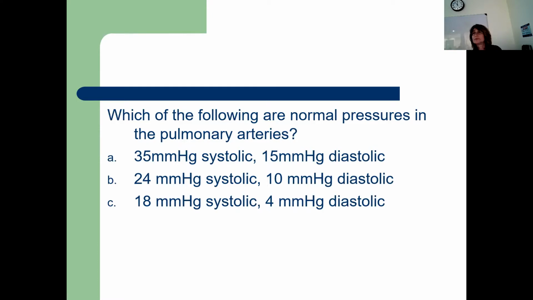Letter B? Okay, very good. So it's close to that 2 dozen over 1 dozen. Or if you remember the range for systolic pressure in the pulmonary artery, 20 up to 30. Or 6 up to 15 during diastole.